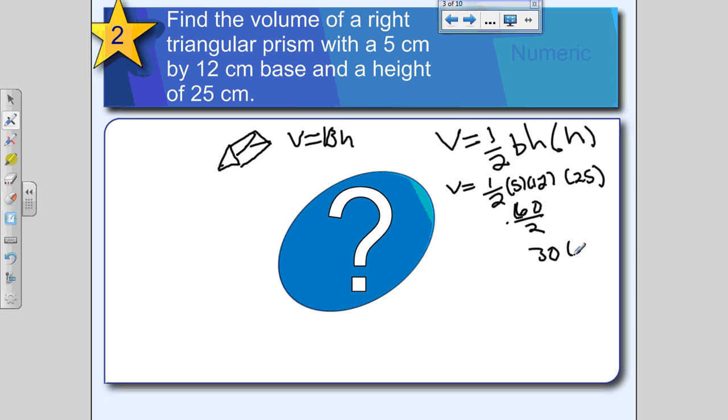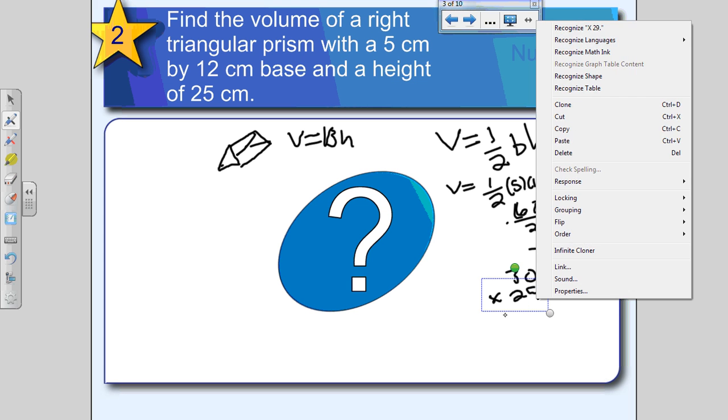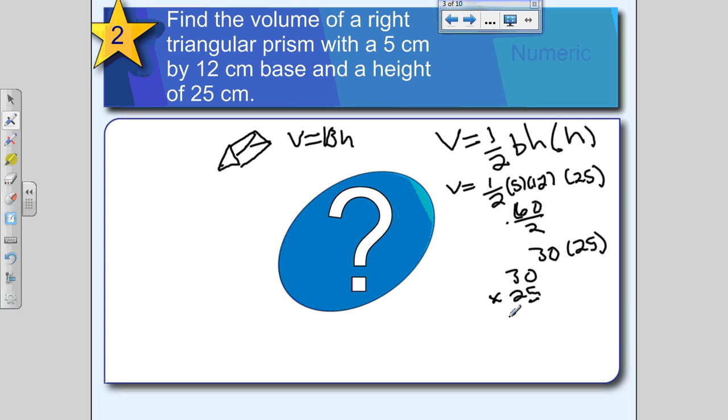Then we still have to multiply 30 by 25. 25 times 3 is 75, so that is 750. Our volume here is 750 centimeters cubed.